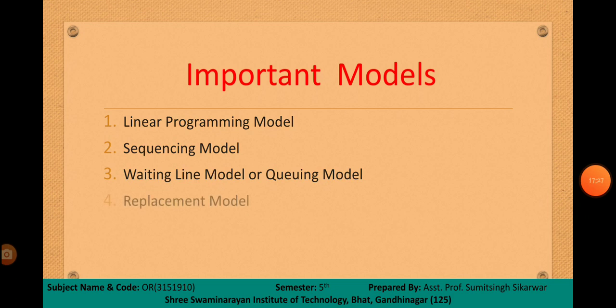Our next model is the replacement model. In the replacement model, any capital item which is continuously used for providing service or for producing a product is subjected to wear and tear due to use, and its efficiency goes on reducing. This reduction in efficiency can be predicted by an increasing number of breakdowns or by reduced productivity.